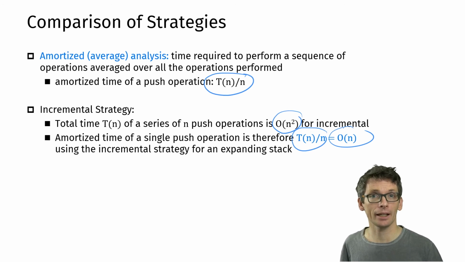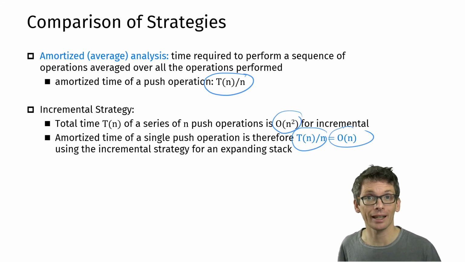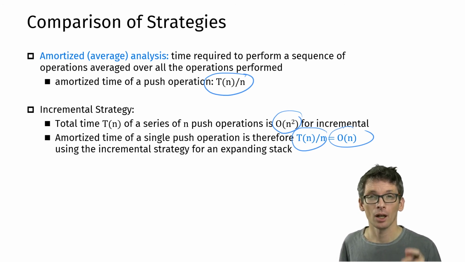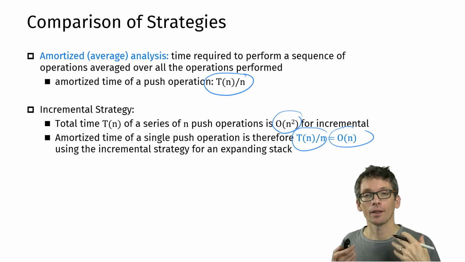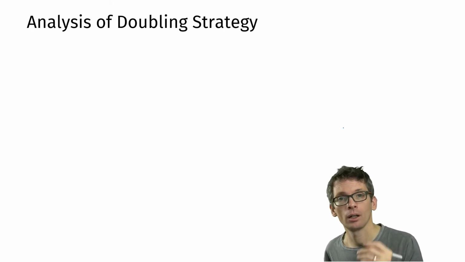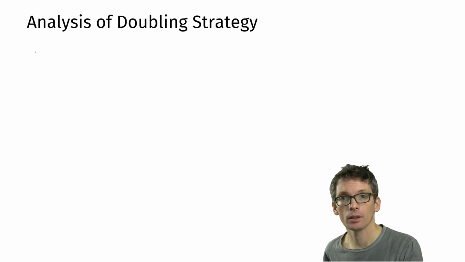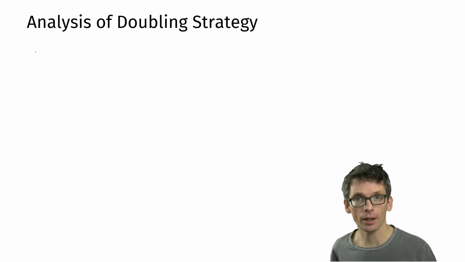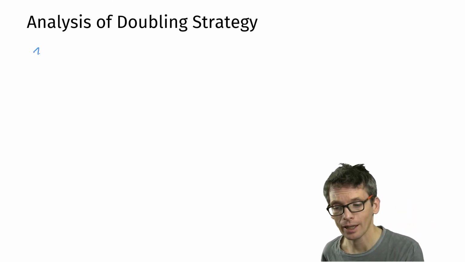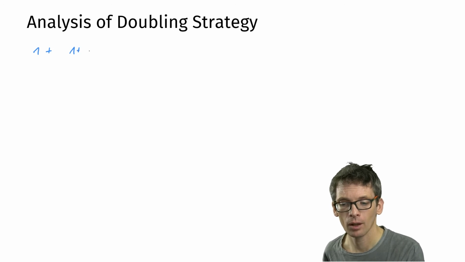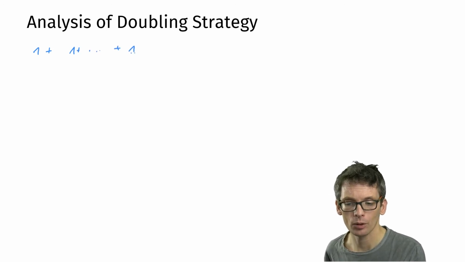Let's see whether we can get that, and let's see whether we can get that with the doubling strategy. So for the doubling strategy, the analysis looks similar. Let's say initially our array has a capacity of c. So then again, we have 1 plus 1 up to c times.